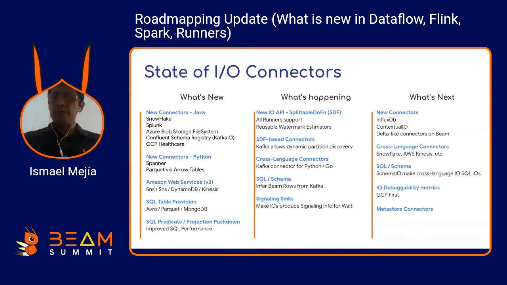We have also support for different clouds. For example, if you need a file system and you're running Beam on Azure, now you have support for the blob storage file system. Or if you have some specific APIs that run on Google, now we have specific connectors for those, like the Google Healthcare connector, which is a kind of IO. Also, we have support for Amazon Web Services and their new SDK 2.